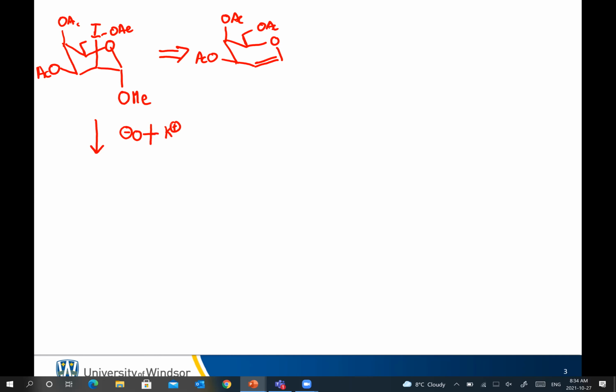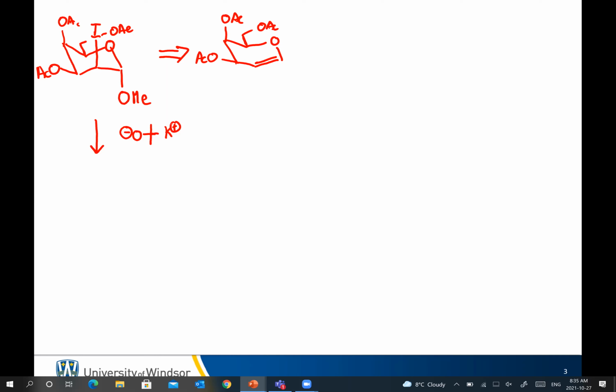So potassium tert-butoxide, for example. We have some risks with a nucleophilic base, because we might take off our acetates. You remember that a nucleophilic base like methoxide removes our acetates. So let's use something non-nucleophilic. It's not going to react with the carbonyls. That's going to look for the most acidic proton in the molecule, because that's what bases do.